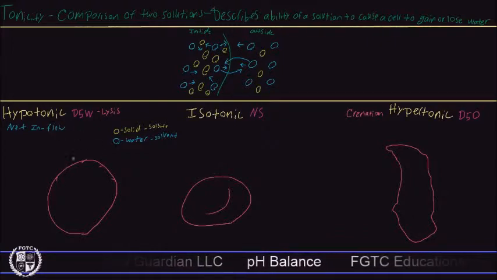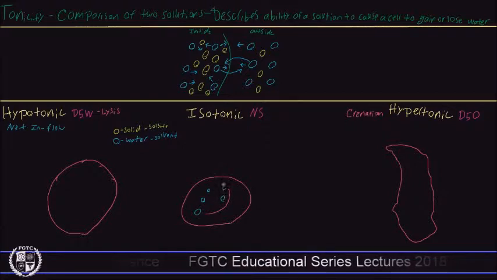So right here in the center, I have a typical red blood cell, and it has water molecules inside of it. It also has water molecules on the outside of it.